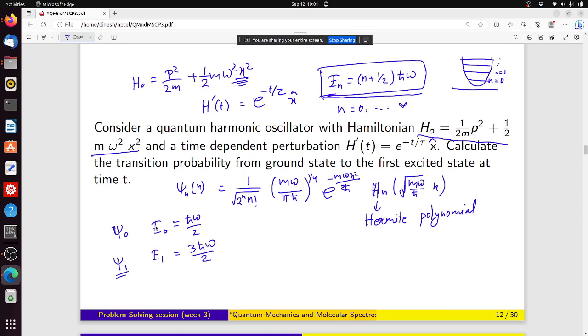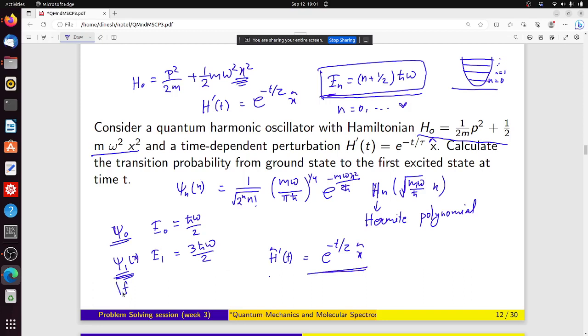Psi 1 is the eigenfunction corresponding to that excited state. Okay, so we are given this H prime of t as e to the power minus t over tau x cap.